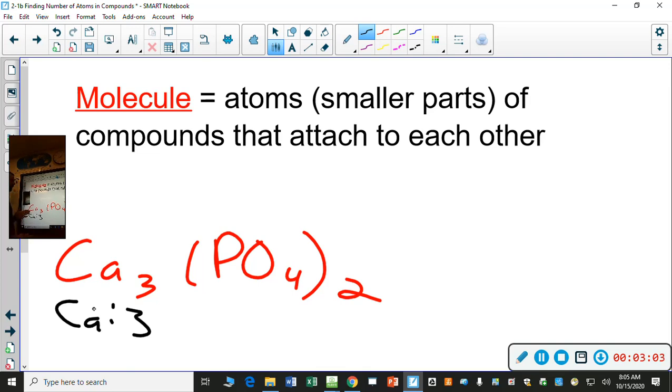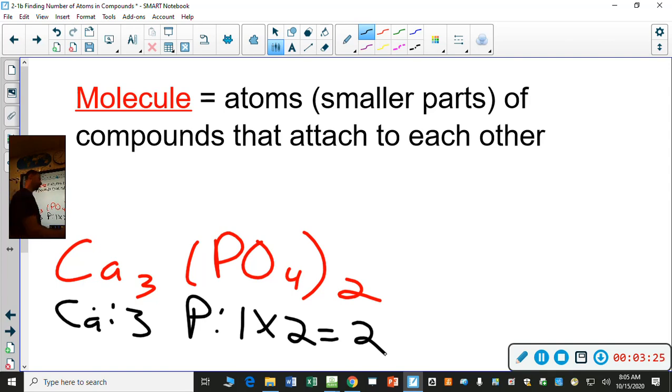Now, how do we handle that? What you're going to do is multiply what's inside the parentheses times what's outside of the parentheses. So for P, there's 1 P inside, times 2 outside will give you 2. All right, that's simple. Oxygen, on the other hand, there's 4 oxygens in one molecule, times 2, which will give you 8.